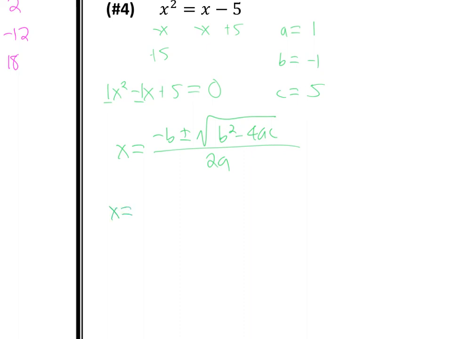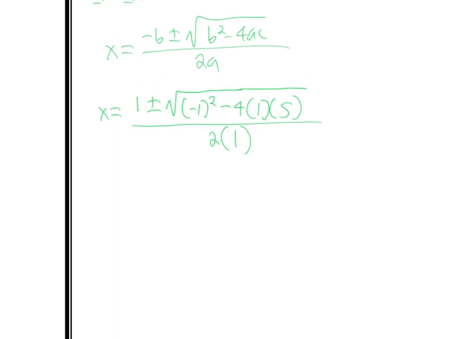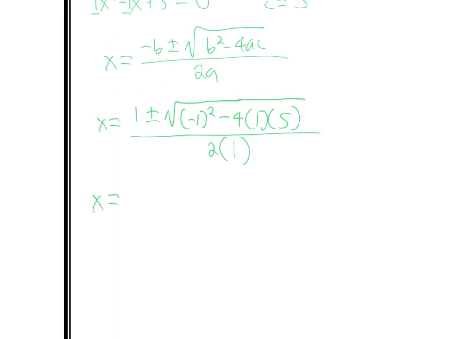B is negative 1, so the opposite is positive 1, plus or minus the square root of b squared, which is negative 1 squared, minus 4 times a, which is 1, times c, which is 5, all over 2 times a, which is 1. X equals 1 plus or minus the square root of 1, negative 4 times 1 times 5 is negative 20, all over 2.